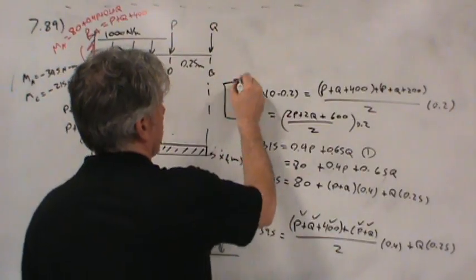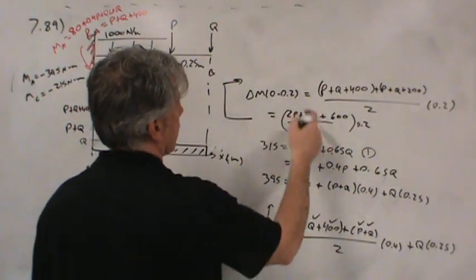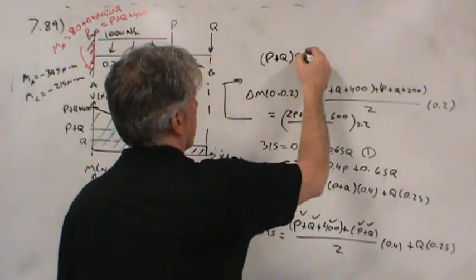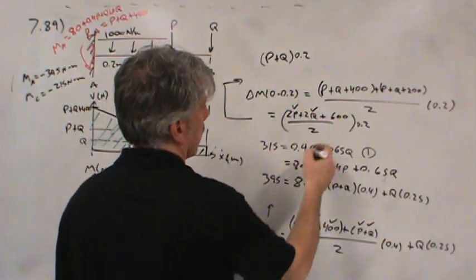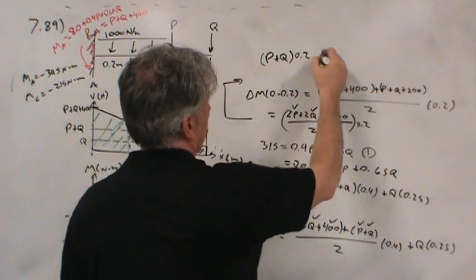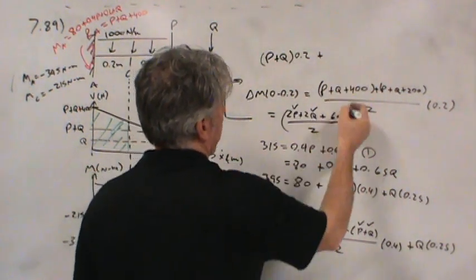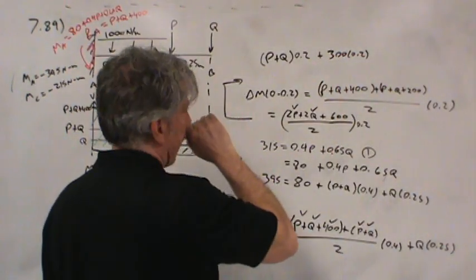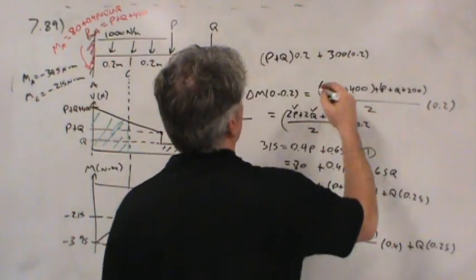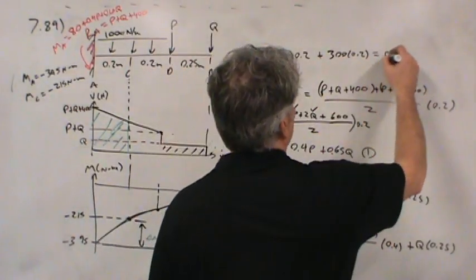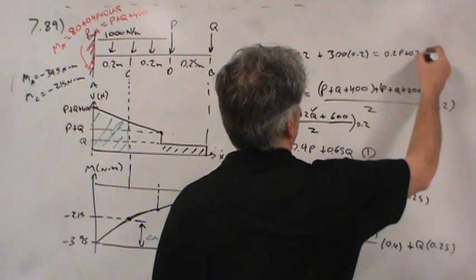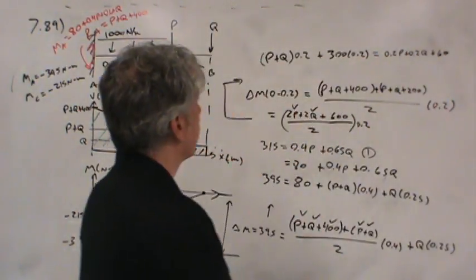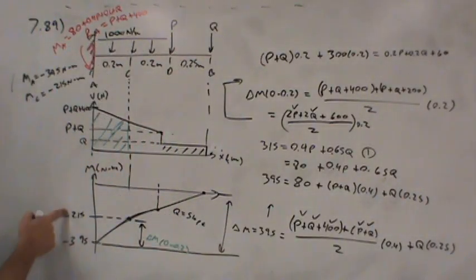Okay, so let's continue upward with this. This is just P plus Q times 0.2, takes care of these terms. And this would just be plus 600 over 2 is 300, 300 times 0.2. And so that's equal to 0.2P plus 0.2Q, plus 60. And the change in the moment we already know is the difference between these two.